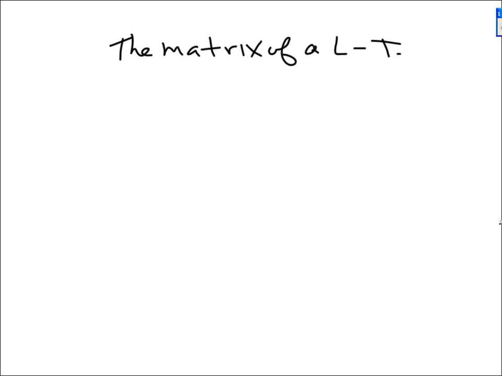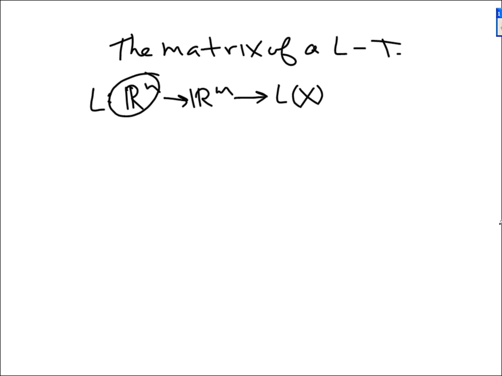Up to now, we know that if L is a linear transformation from Rn into Rm, then there's a matrix A that does the job of L. That is, L of x, and x is any vector in Rn, is equal to this special matrix times that vector x. We're going to update this.